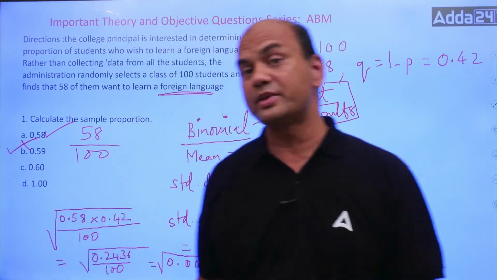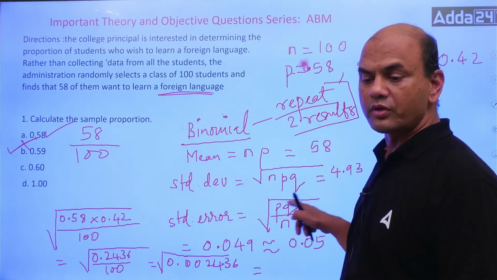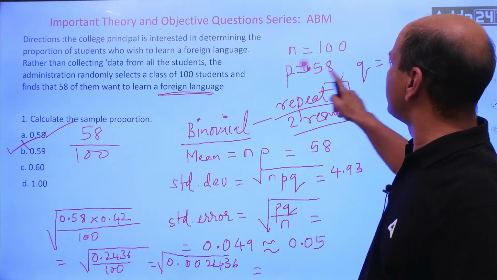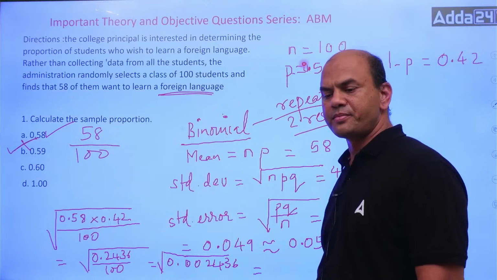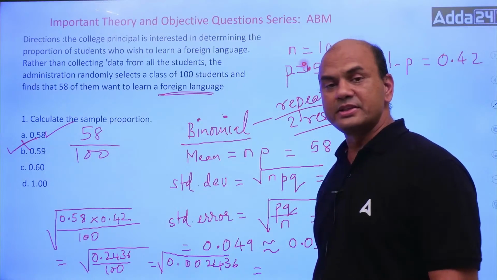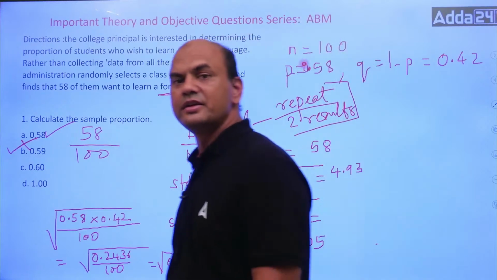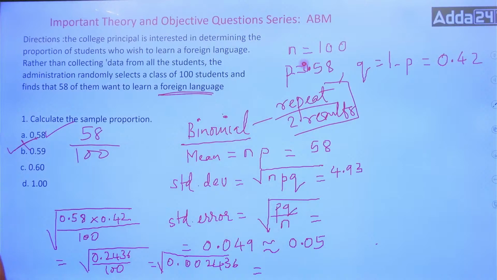And what is the standard deviation then? Root of NPQ. Square root of NPQ. So square root of, multiply this: 100 into 0.58 into 0.42. Multiply this and get the square root. Let me see. Are you getting the same answer? Give me in the comment section, everyone.